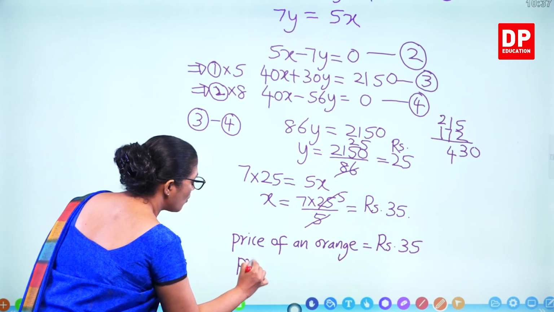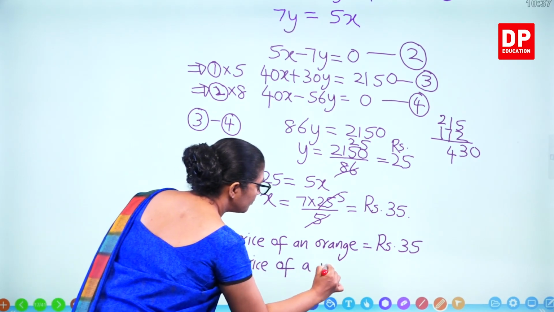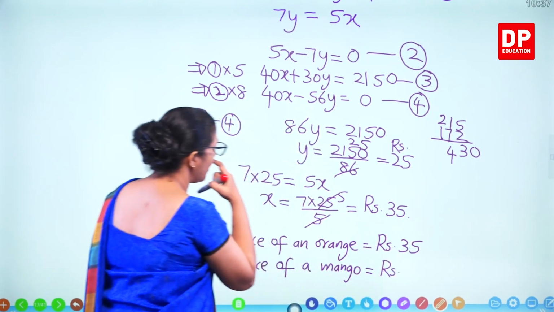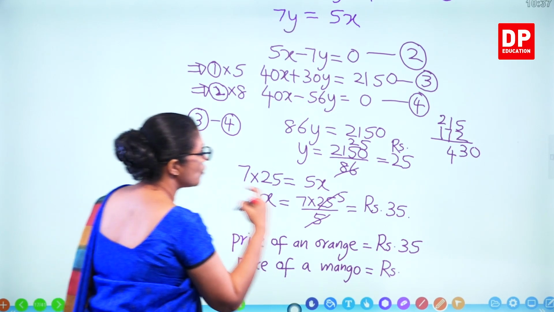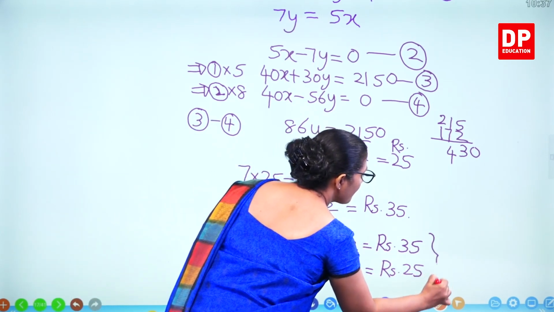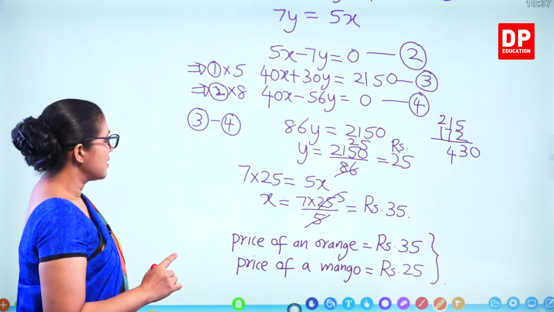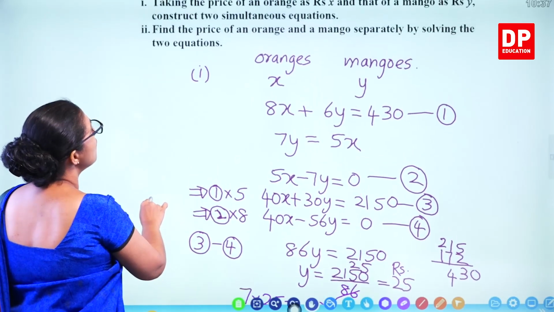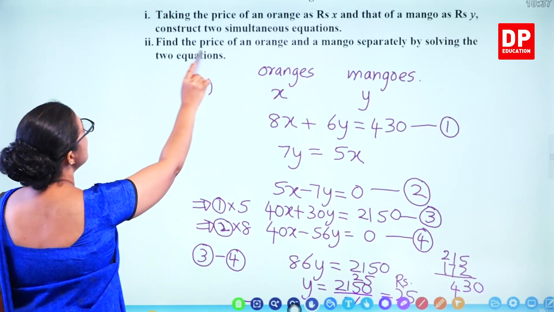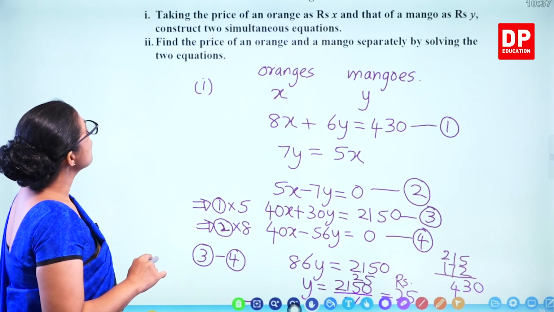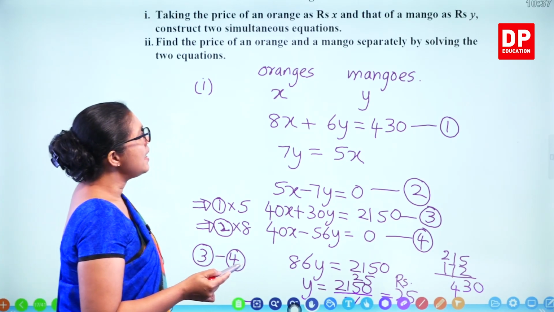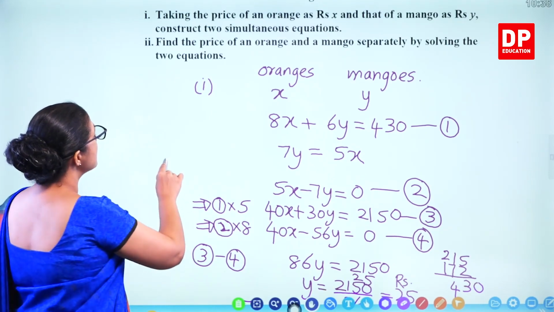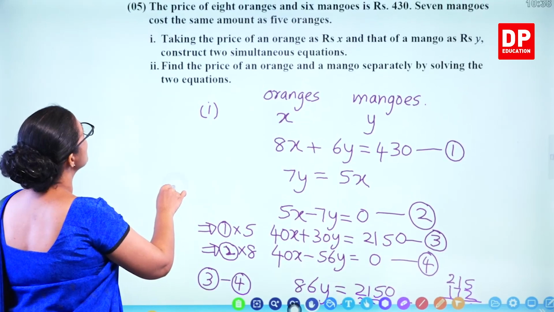Price of a mango is y, 25 rupees. So those are the two answers. They're asking to find the price of an orange. Now this is construct two simultaneous equations, find the price of an orange and mango separately by solving the two equations. So this is the 5th question.